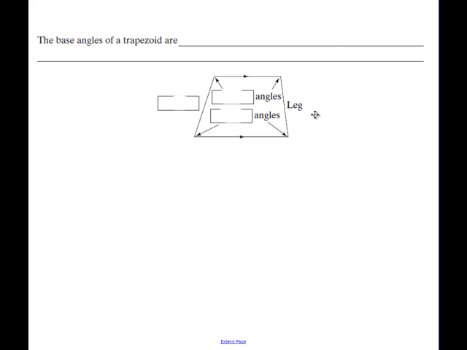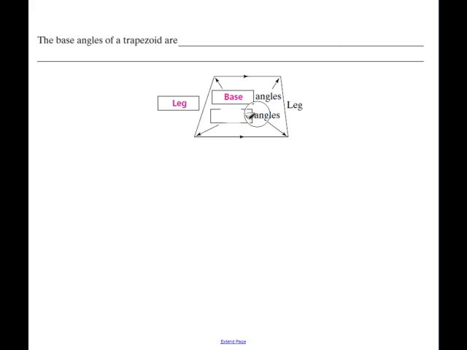Once we've determined those sides, for example in our figure here, the top and the bottom side are parallel, we refer to those as bases. So the non-parallel sides are legs, and the parallel sides we call bases. And the angles we refer to as base angles.